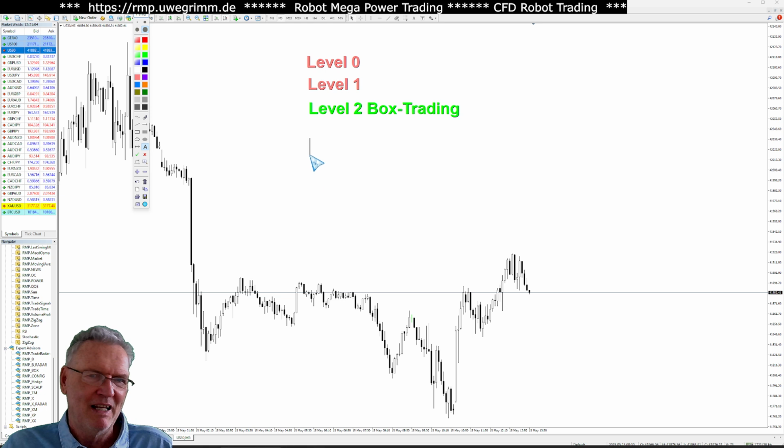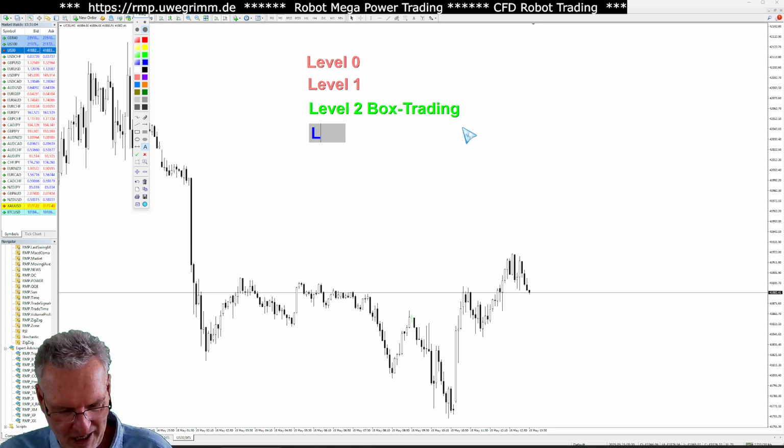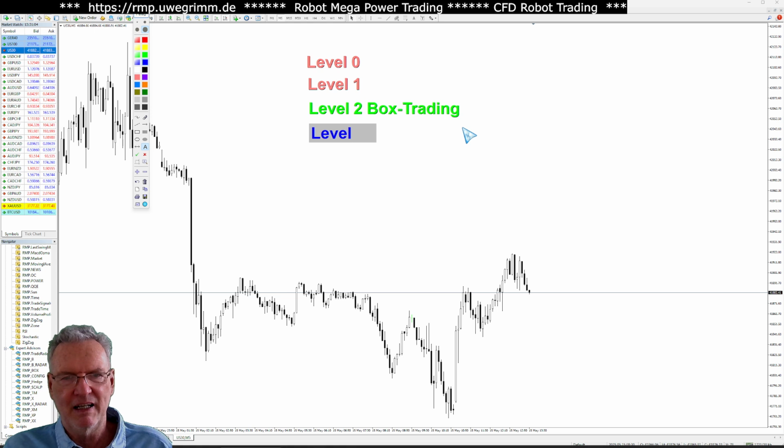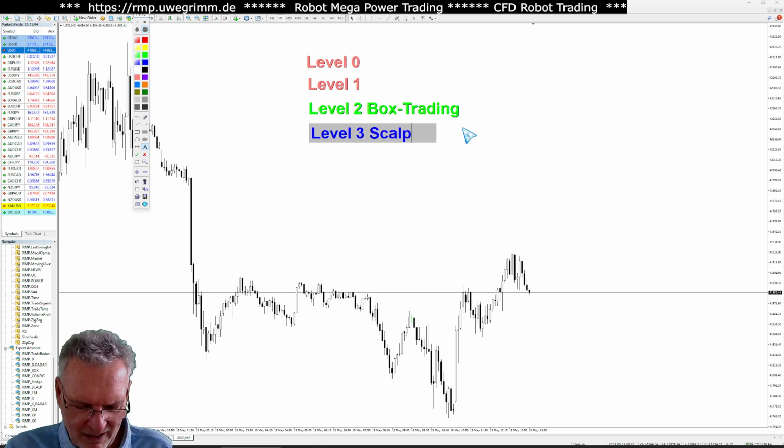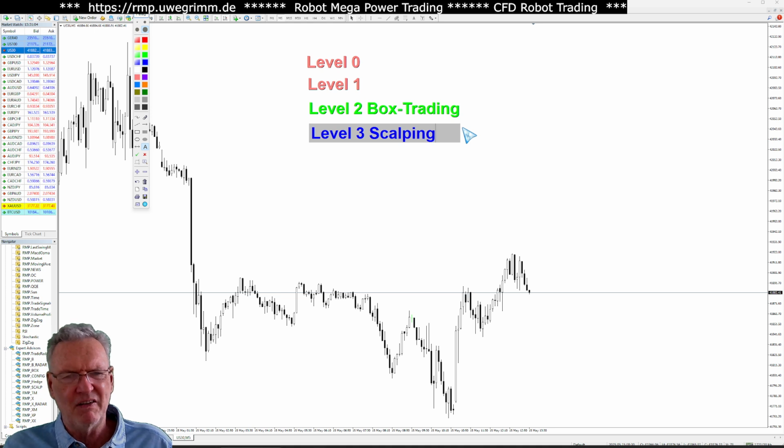Then level 3, when we already know the box trading, and this really should take a longer time, then we go in level 3. And level 3 is the scalping. You know, scalping is not difficult to do. The problem in the scalping is that you will choose one direction.